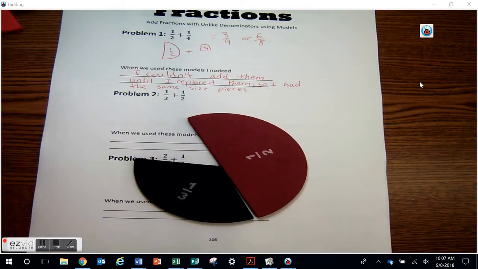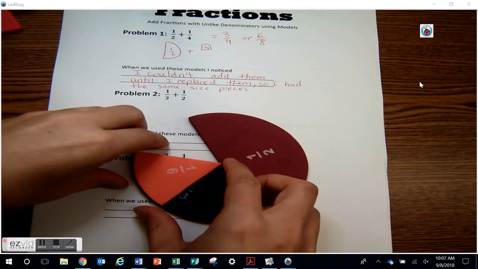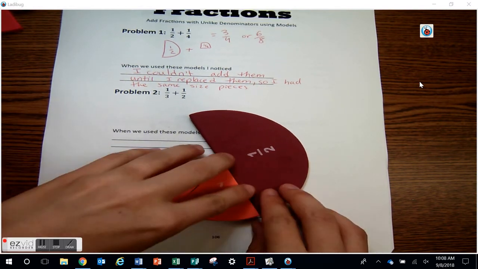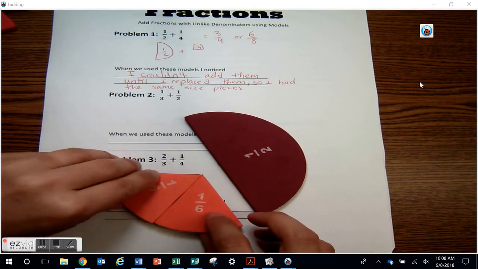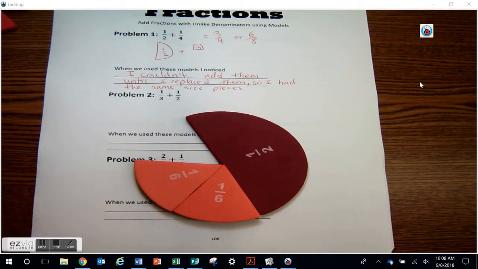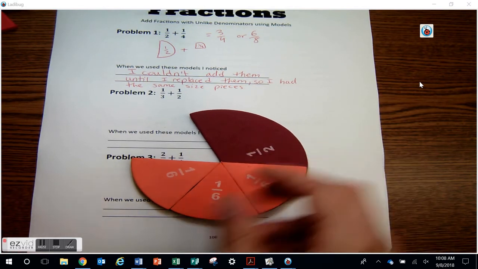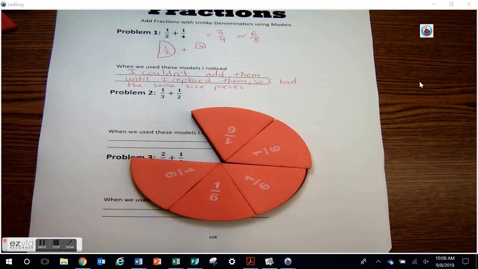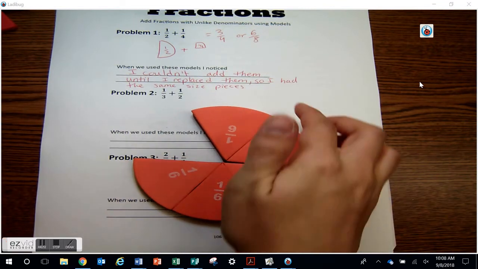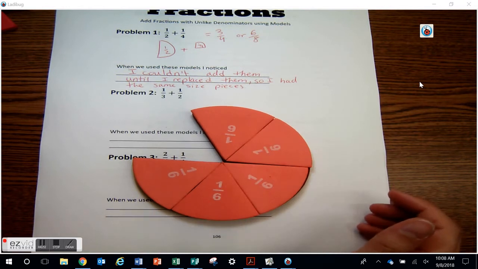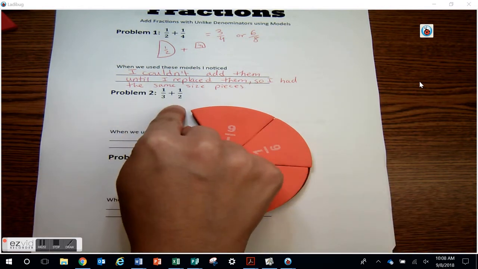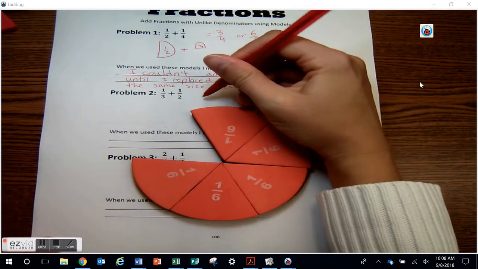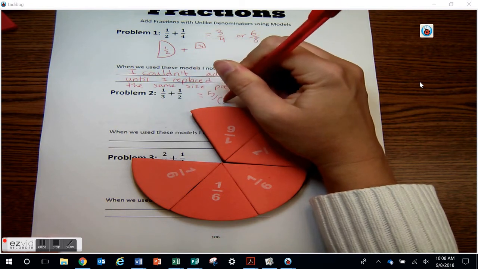I'm going to try now these 1/6 pieces. Let's see, 1/6 and 1/6, that perfectly covers the 1/3. Let's see if I can get the rest of the pieces to perfectly cover the 1/2. And I did. I was able to perfectly cover that 1/2. So 1/3 plus 1/2 gives me 1, 2, 3, 4, 5, 6, gives me 5/6.